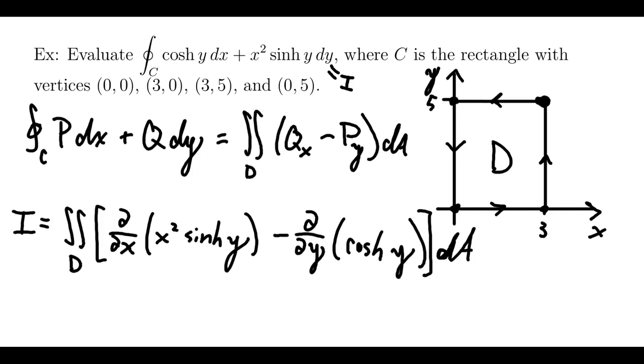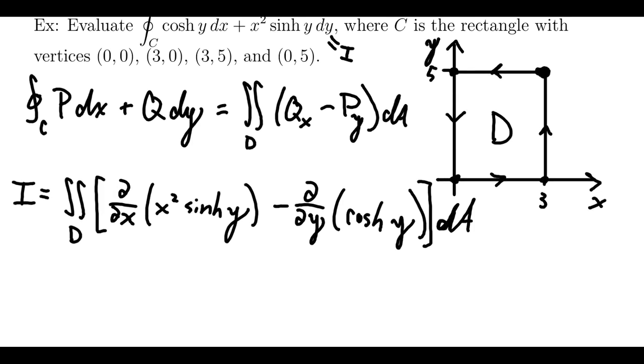Now looking at what we have here, this might look briefly like a bit of a mess, but that's because I was just directly plugging things in. Once we start working towards evaluation, we see this region D is just a rectangle, so that can be easily expressed. I'll write the bounds later once I decide which order I want to put these in. If we take the partial of this with respect to x, sinh y is constant, and we get 2x sinh y.